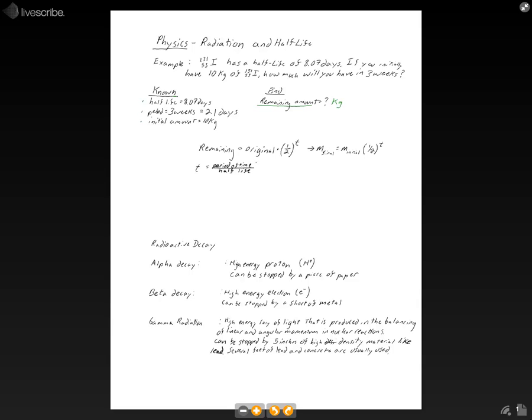So in this case, the period of time is going to be 21 days, and the half-life is going to be 8.07 days. And thusly, T is going to be equal to 2.6.